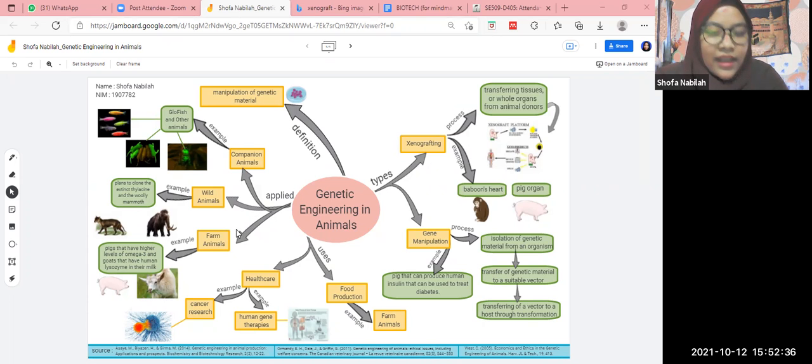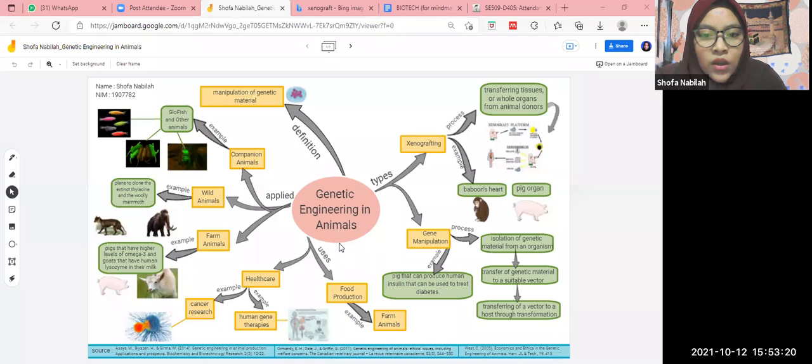The examples are pigs that have higher levels of omega-3 and goats that have human lysozyme in their milk. Genetic engineering of animals can be used to enhance the quality of food products. Pigs have been genetically engineered to express the D12 fatty acid desaturase gene from spinach for higher levels of omega-3, and goats have been engineered to express human lysozyme in their milk.